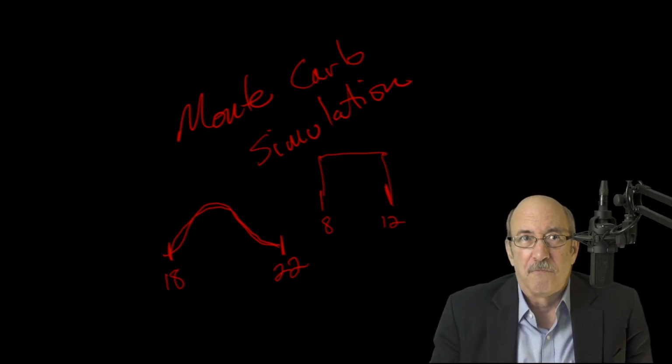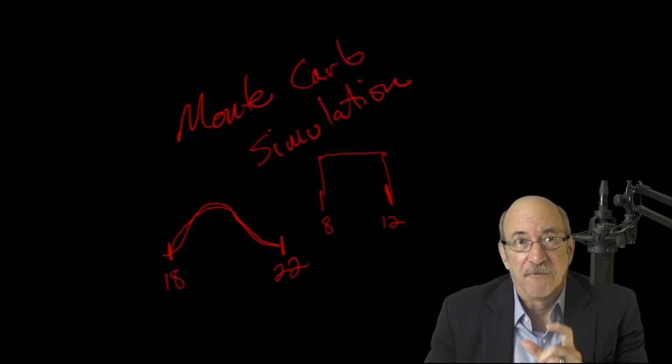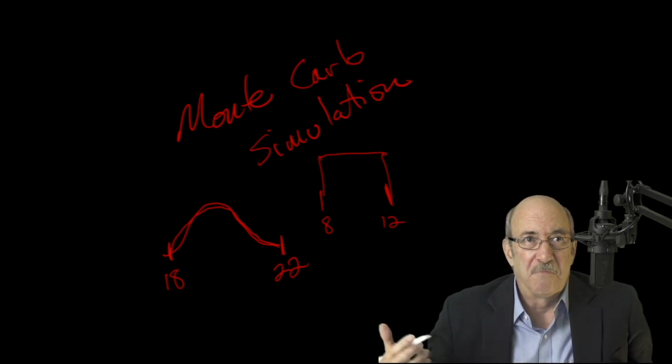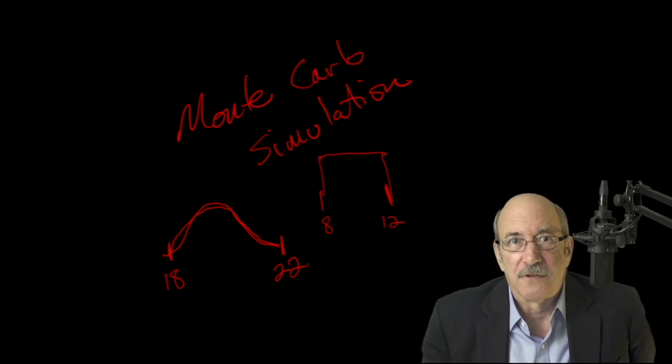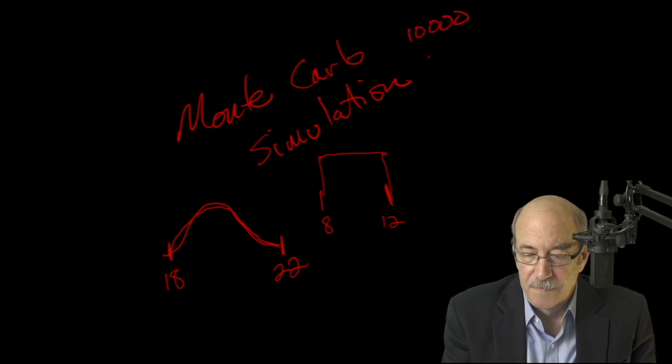And then I run a Monte Carlo simulation on the spreadsheet that we were just looking at. And my output figure is that NPV. And I want to run, say, 10,000 iterations.